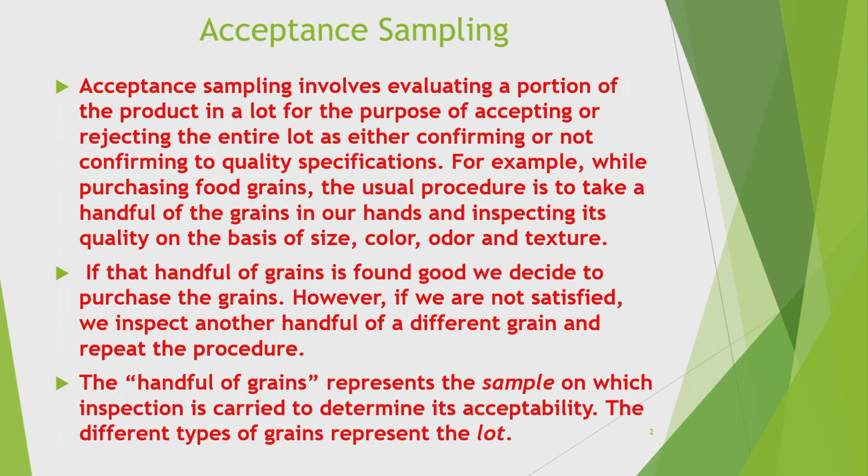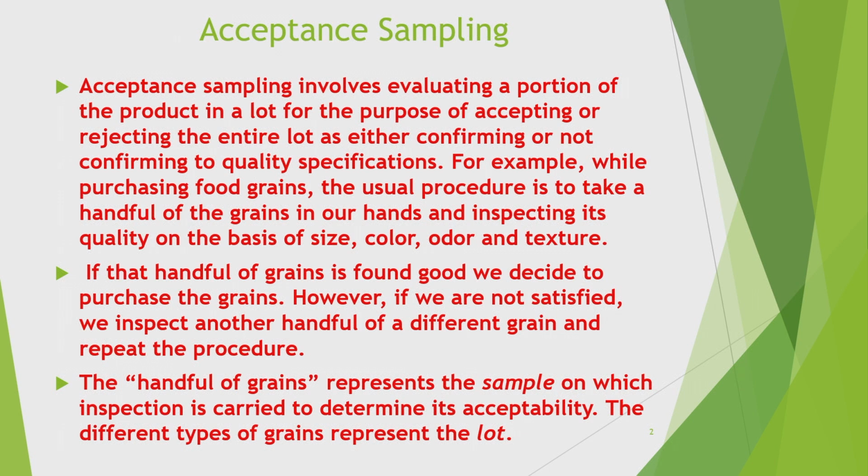Acceptance sampling involves evaluating a portion of the product in a lot for the purpose of accepting or rejecting the entire lot as either conforming or not conforming to quality specifications. We have a lot that may contain many items, maybe 5,000 items.